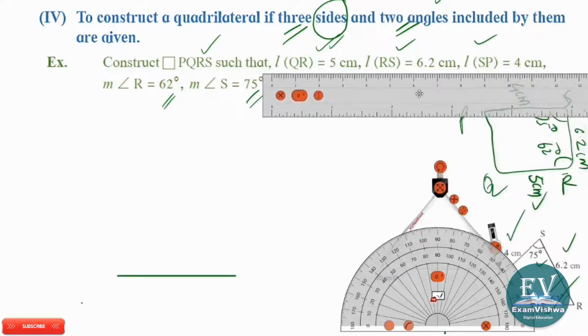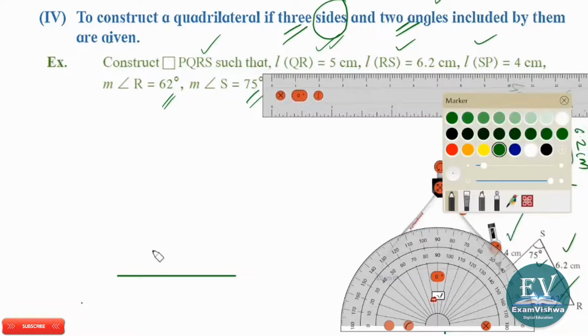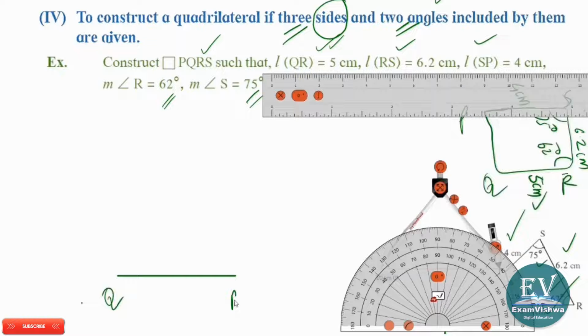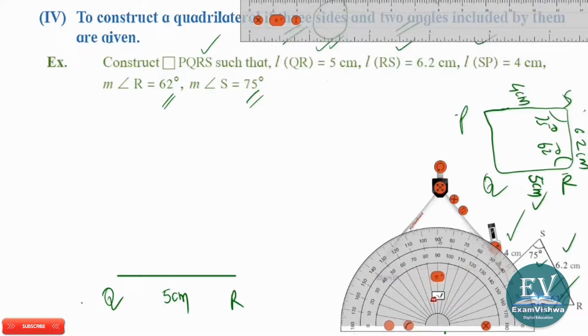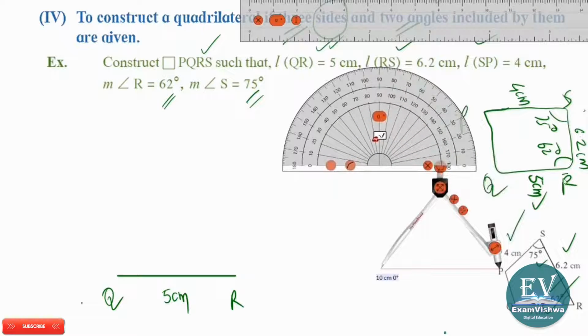I'm marking it as QR, 5 centimeter. Then I have to draw 62 degree at R. With the help of a protractor I can mark 62 degree at R. That is the second thing I have to do. First done, second to do, third will be drawing 6.2 centimeter and fourth will be drawing 75 degree, last will be marking 4 centimeter on that. That will complete my construction.